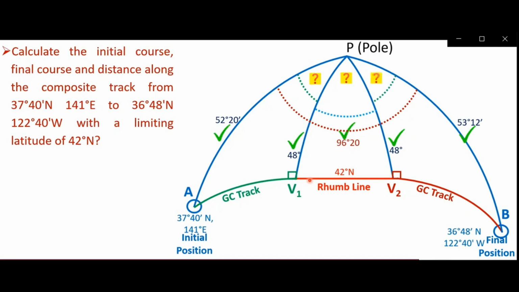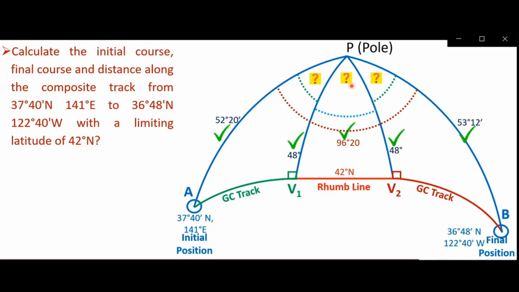We can calculate these angles also, this angle. This angle will help us to calculate the longitude of V2, having known the longitude of B. Now, this full angle is known to us, 96 degrees 20 minutes.